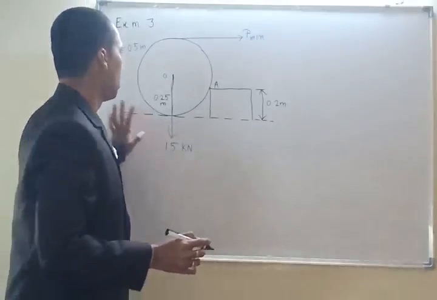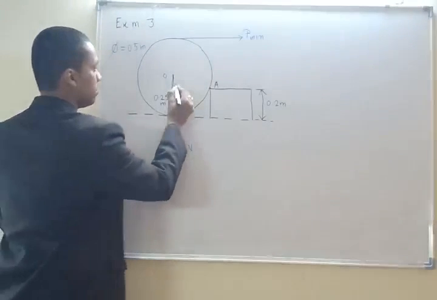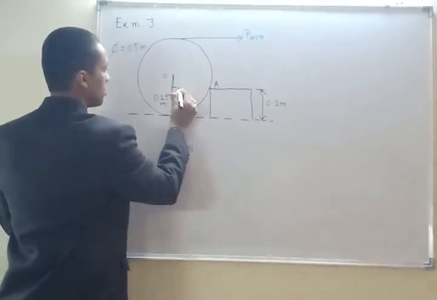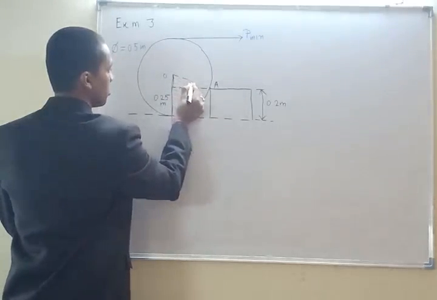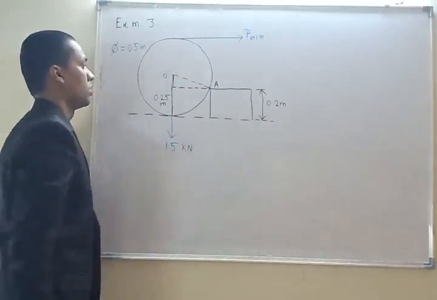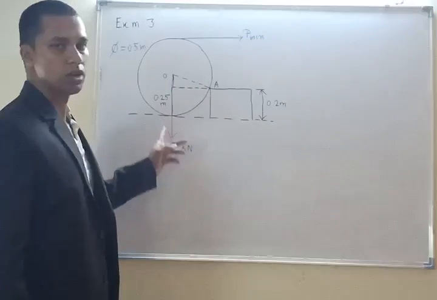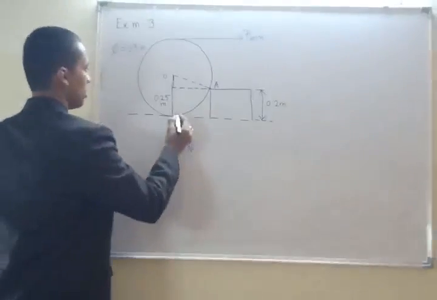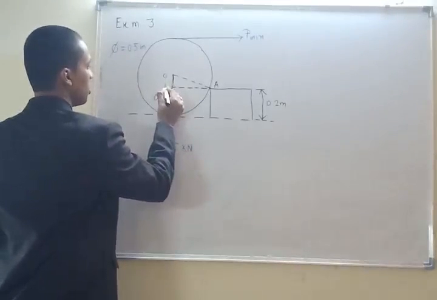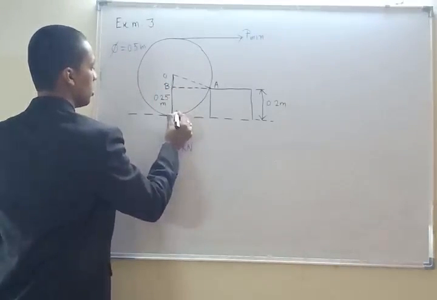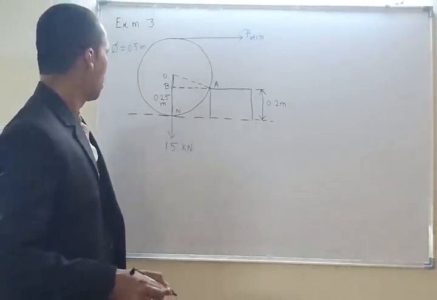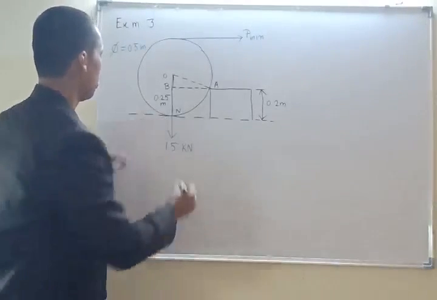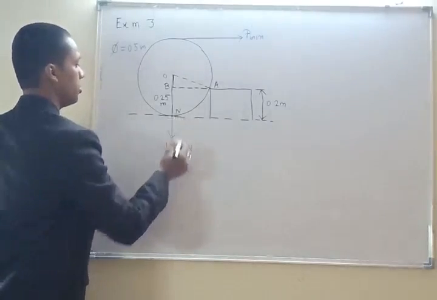Okay. I'm drawing a triangle now. What is the use of this triangle? Let us see. Just give some name: B, and this is N. Now N is this point.